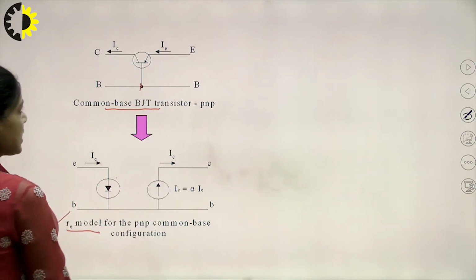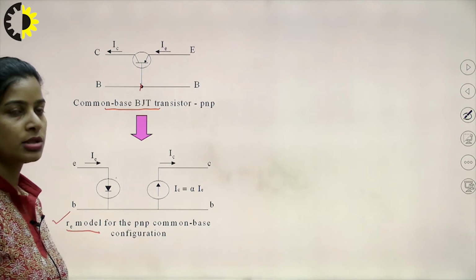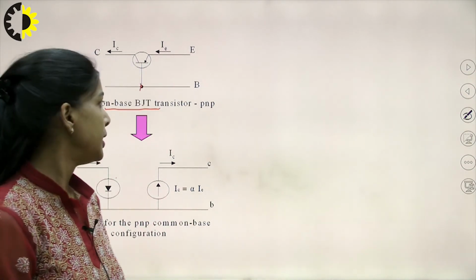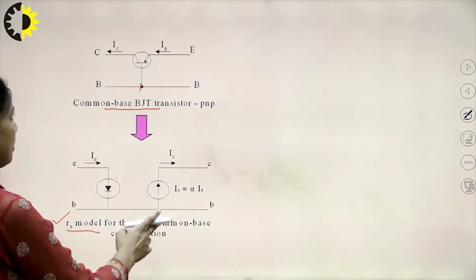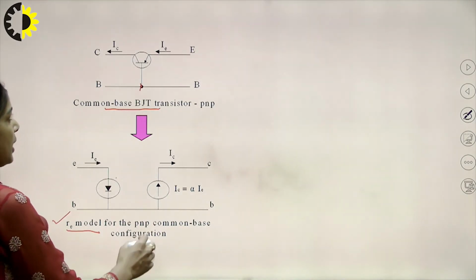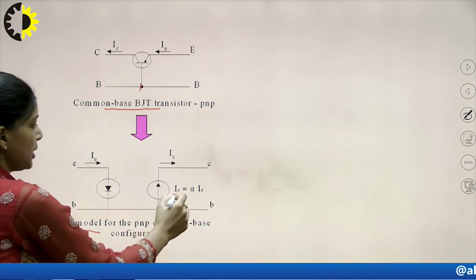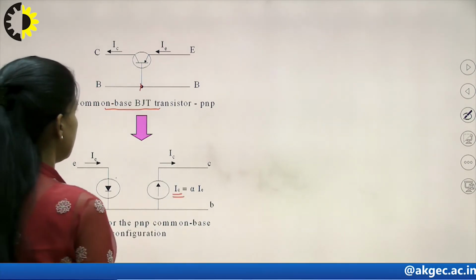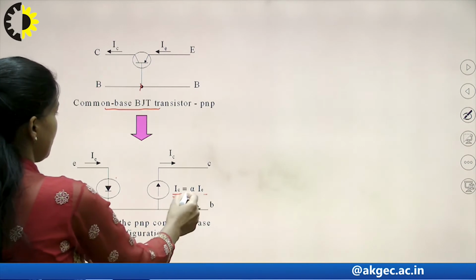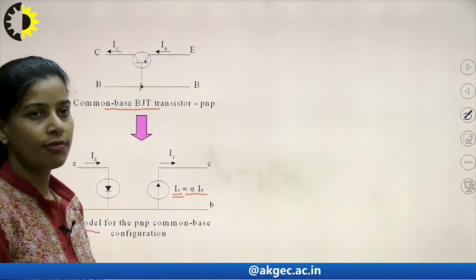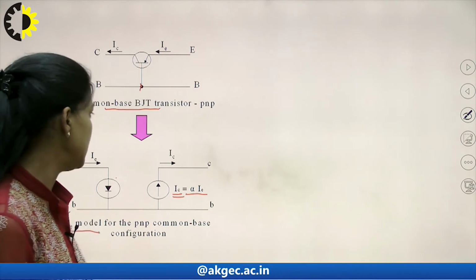At the output side, from the analysis of BJT, we know that the output current is dependent upon the input current. So the output current, that is collector current, is dependent upon the emitter current, and is represented as alpha times IE.